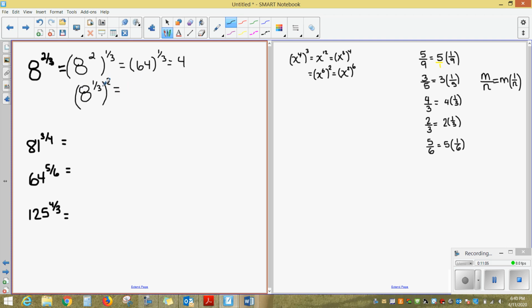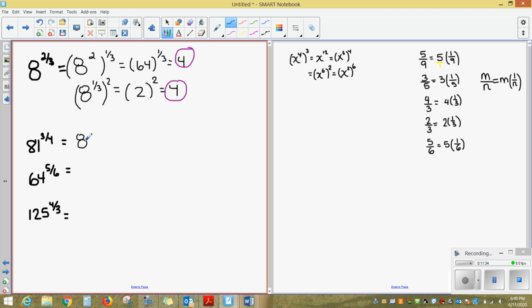So if I put the 1/3 on the inside and the 2 on the outside, we know we work our way from inside out. So this is asking us to find the cube root of 8, which is 2. And then I'm supposed to square it, which is 4. It doesn't matter which operation I do first and which one I do second, I should get 4 both times.